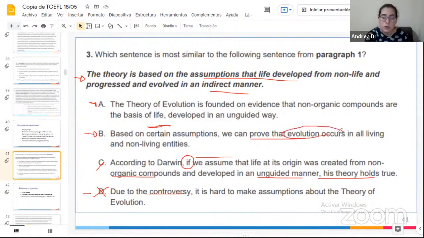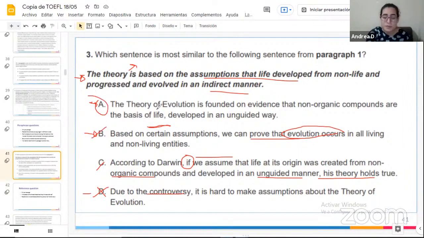So do we know where evolution occurs? Is this sentence telling us where evolution occurs? Not really, right? If we had something like the theory consists that evolution happens in living and non-living entities. So we don't care about where evolution occurs. That's not what the main idea of this sentence is. That's not what we need.